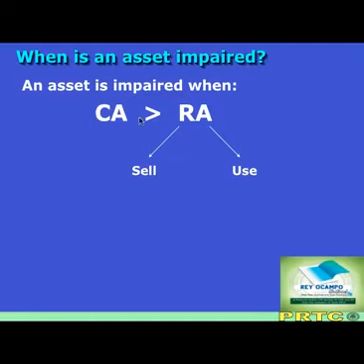Technically, what is recoverable from selling the asset? Fair value less cost of disposal. It used to be cost to sell; now it's cost of disposal. So that's the amount recoverable from selling the asset.